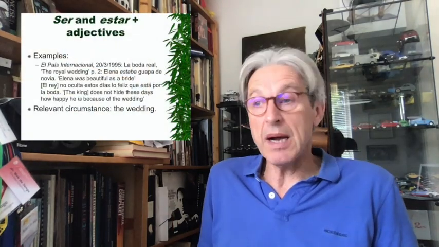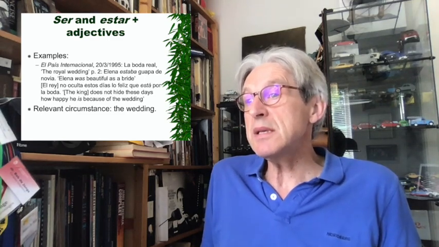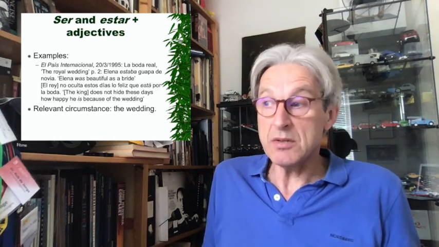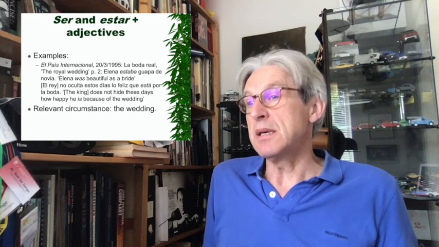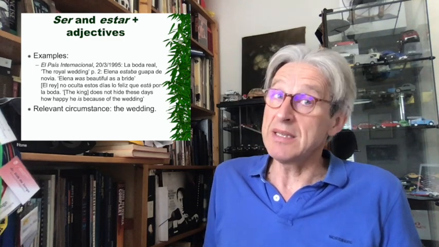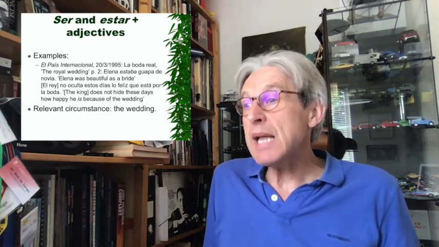The previous examples obviously were invented by me using pictures and so on and so forth, but here we see an example from El País, the Spanish quality newspaper, about the royal wedding of Princess Elena. And here we see a quote from this article that was in 1995, 25 years ago. The royal wedding in which it was said that Elena estaba guapa de novia.